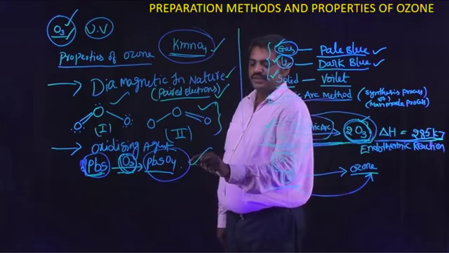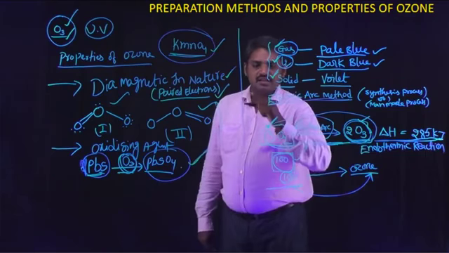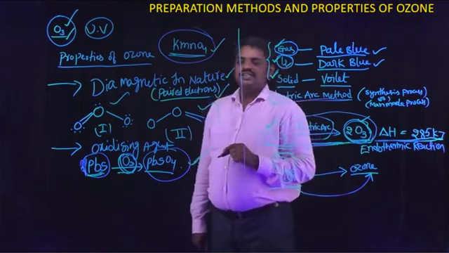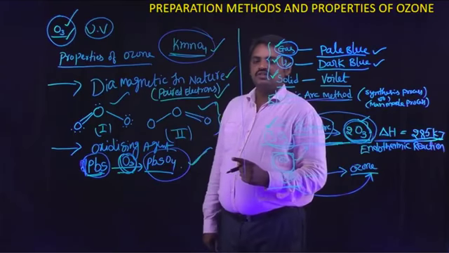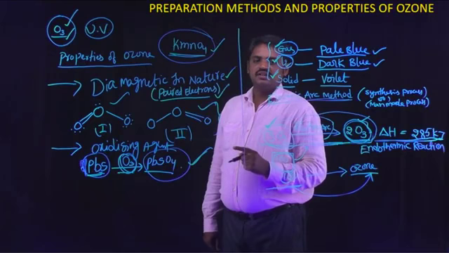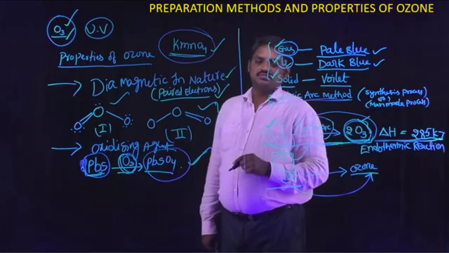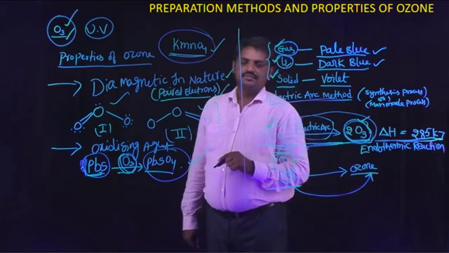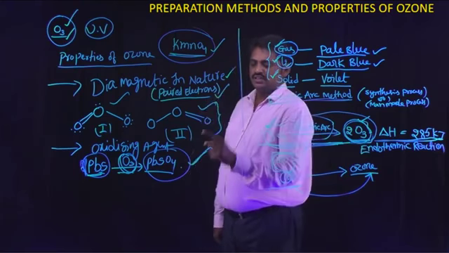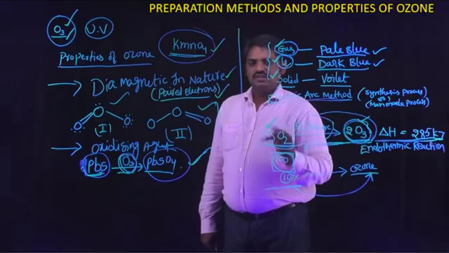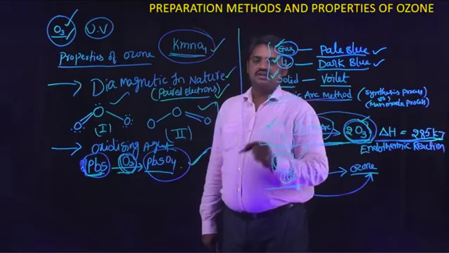These points show that the ozone molecule acts as the best oxidizing agent. Next, ozone molecules are used for the sterilization of water. That is a simple application. So it acts as an oxidizing agent and is used for sterilization of water.